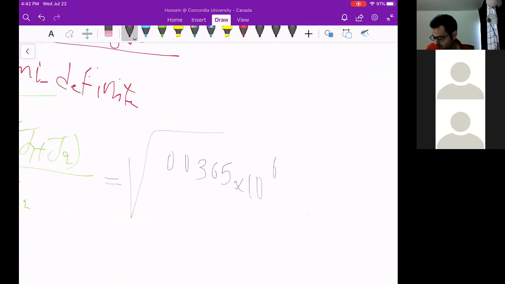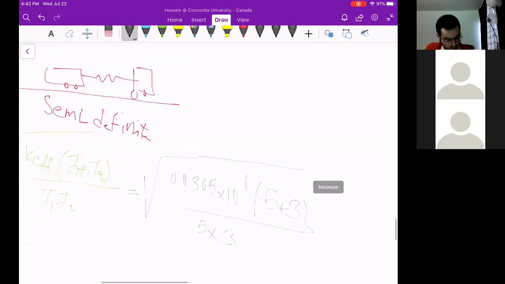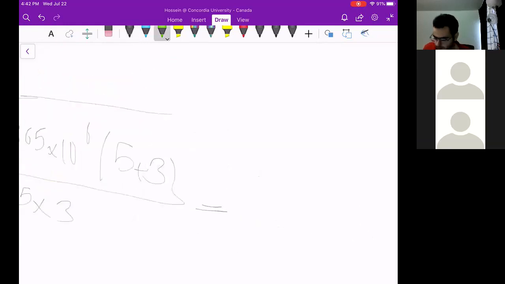J1 plus J2 is going to be 5 plus 3 over 5 multiplied by 3. The response would be 139 radian per second.